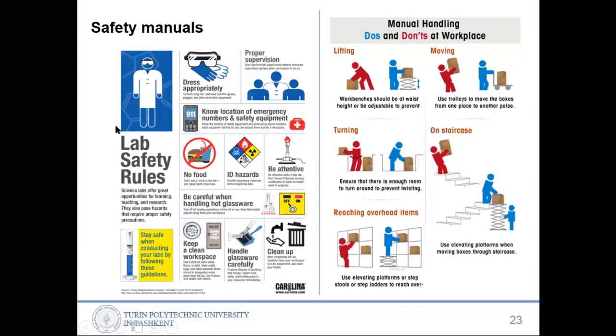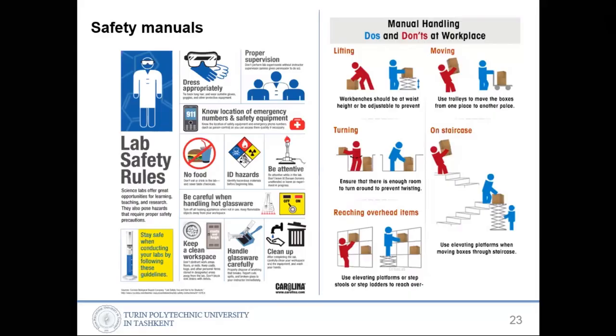For example, here you can see 2 types of manuals. On the left-hand side you can see the lab safety rules. It's a kind of big poster, on big paper, that is normally installed near the door of the laboratory.